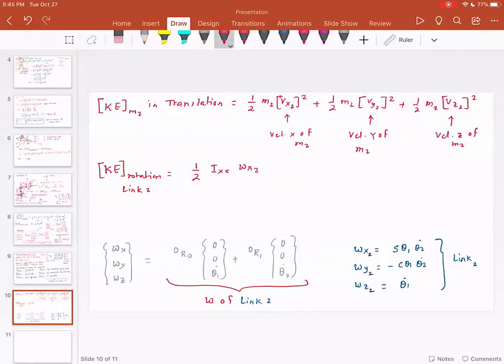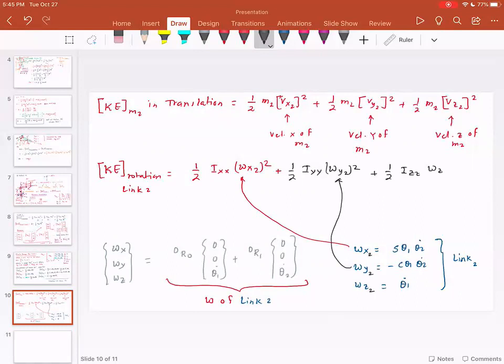So this guy, plus 1/2 Iyy omega y2 square, which is this guy, plus 1/2 Izz omega z2 square, which is nothing but this guy.